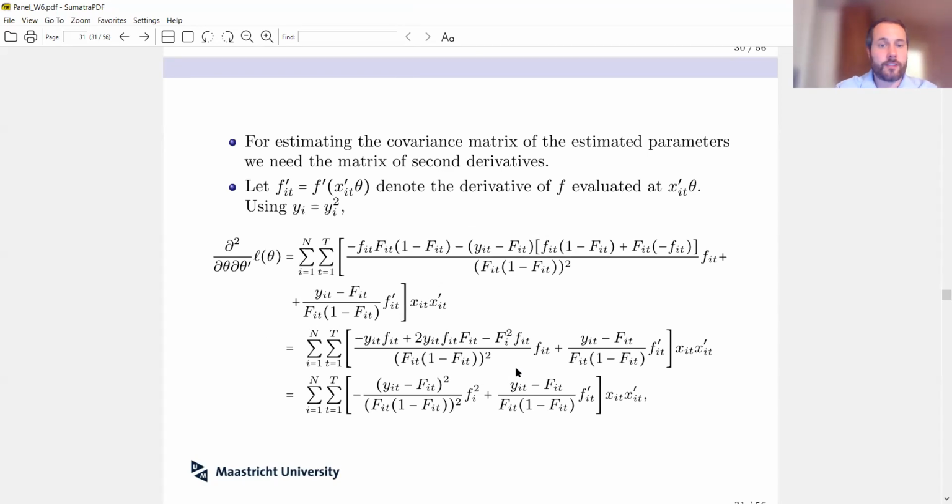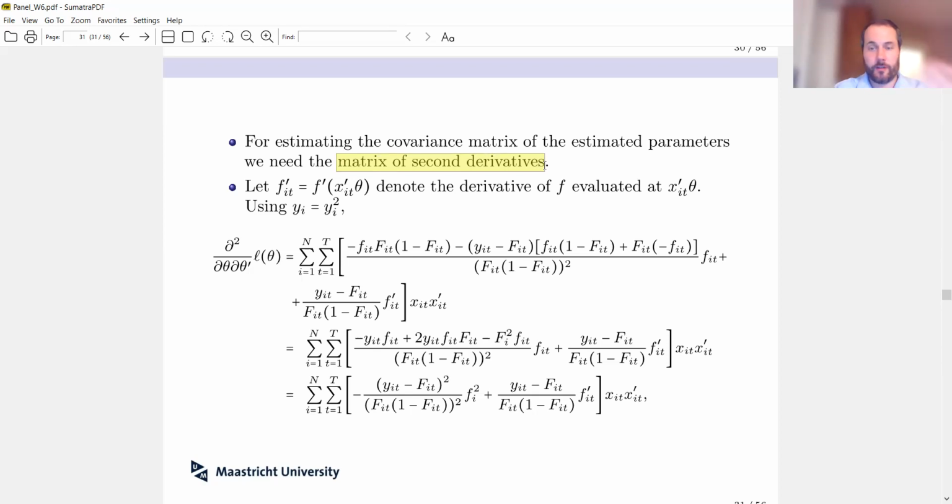Okay, next thing is estimating the variance. For that, we can take a look at the outer product of the score. Remember that was the definition of the Fisher information. But because we are in a likelihood setting, the information equality holds. Therefore, we can simply look at the matrix of second derivatives.